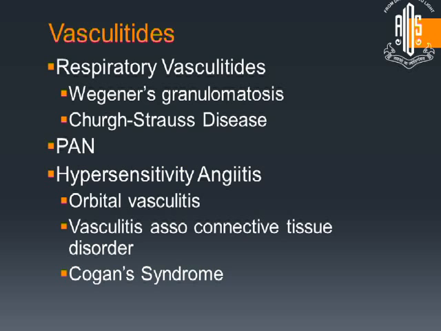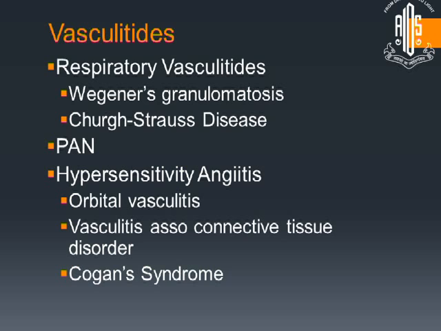The second entity is very similar to Wegener's, however it's associated with asthma, and as opposed to Wegener's, which needs systemic immunosuppressants, Schwartz's needs only systemic steroids. Polyarteritis nodosa and hypersensitivity angiitis are classical examples of vasculitis.